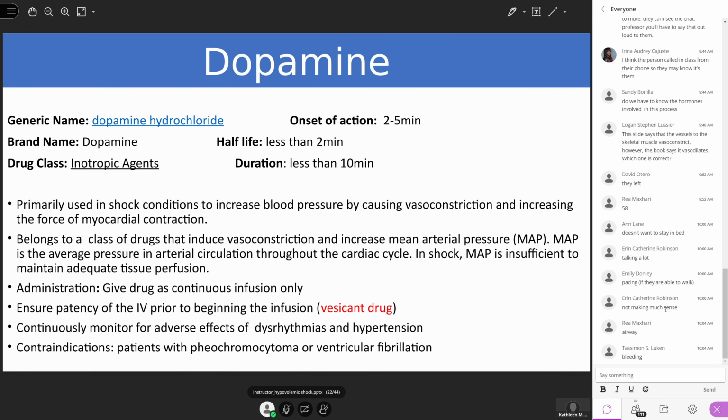This I struggled with a little bit because I did a lot of reading and looking up vasoconstrictors or vasopressors. In hemorrhagic shock, it seems like there's a lot of debate on whether or not to give anything like this. One of the research articles I read said only give this after adequate blood volume has been restored, because it can worsen the outcomes.